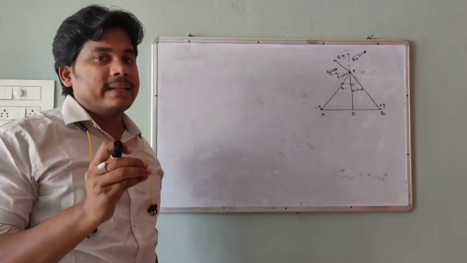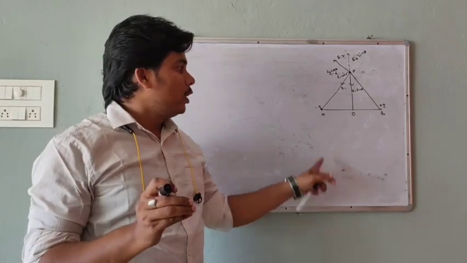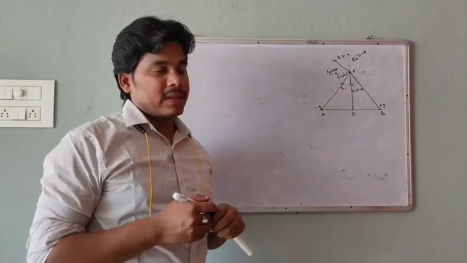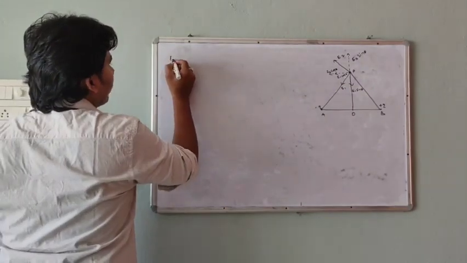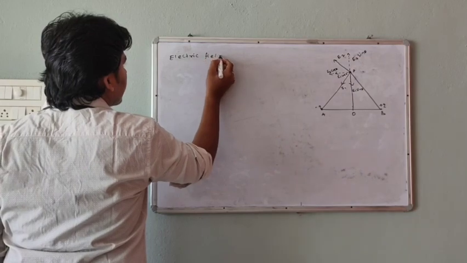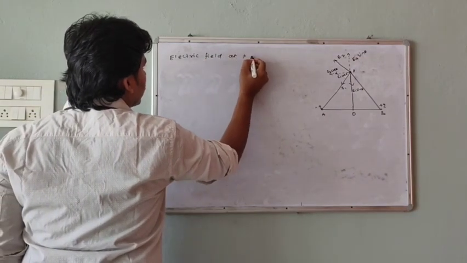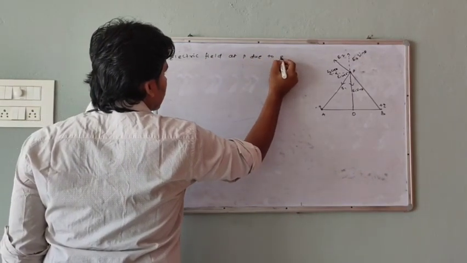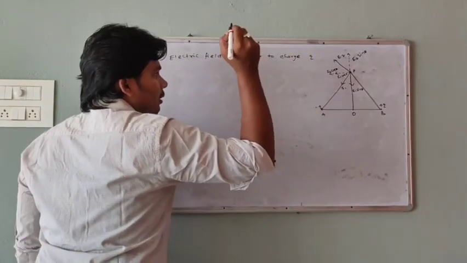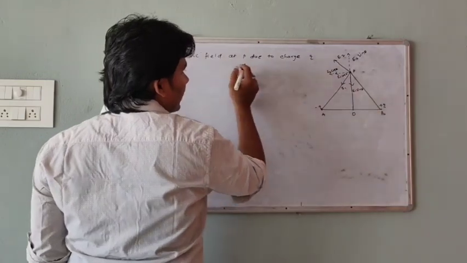Now we can find the electric field intensity at point A and point B. The electric field at P due to charge plus Q, here I'm taking as E2.